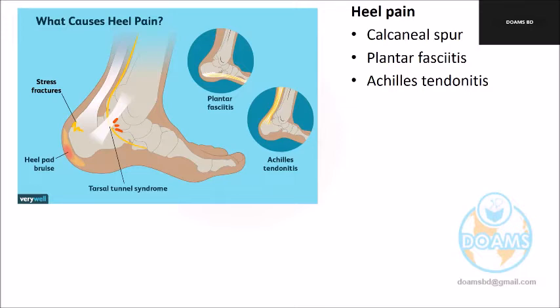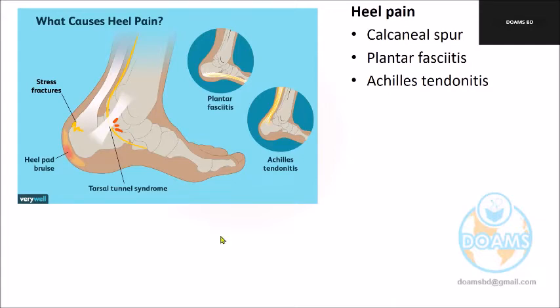Is it only the calcaneal spur or something else? Can anybody add? As I said, there is fever, loss of appetite, there are some general features. So whenever general features are associated, it is a systemic disease. It is a part of spondyloarthropathy.